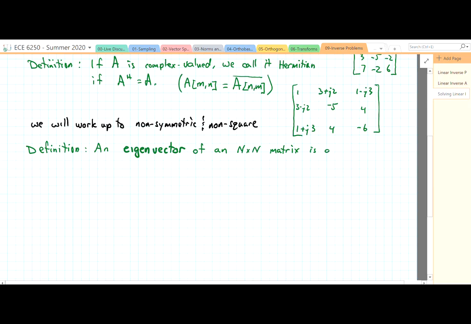Okay, so an eigenvector of an n by n matrix is a vector v such that A v is equal to lambda v for some complex scalar lambda, and the scalar lambda is called an eigenvalue associated with v.